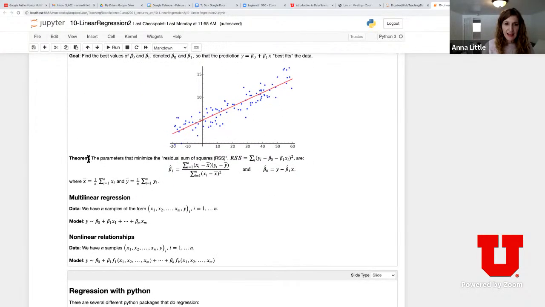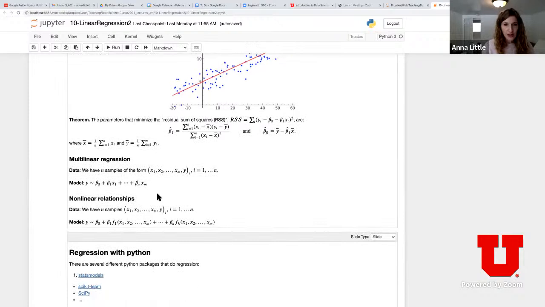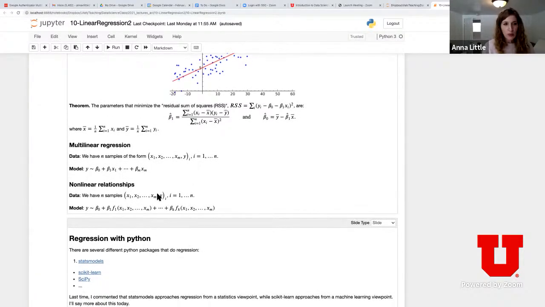Okay, and so we had a theorem giving exact formulas for the slope and the intercept. Of course, we're going to be computing these using software, so you don't actually have to do these formulas by hand. And then we generalized the concept to multilinear regression.